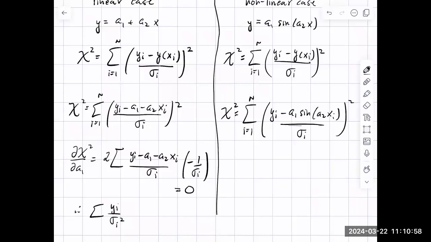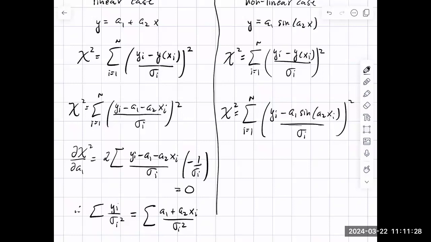Then there's a minus sign, so we take this over to the other side of the expression, and that has to be equal to the sum of A1 plus A2 x_i over sigma_i squared.